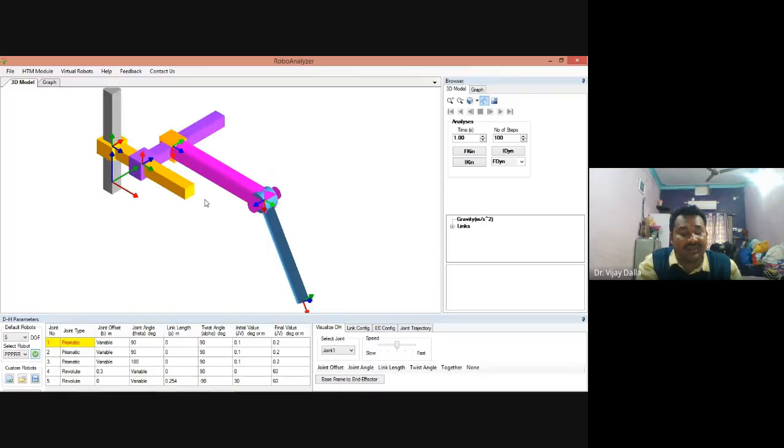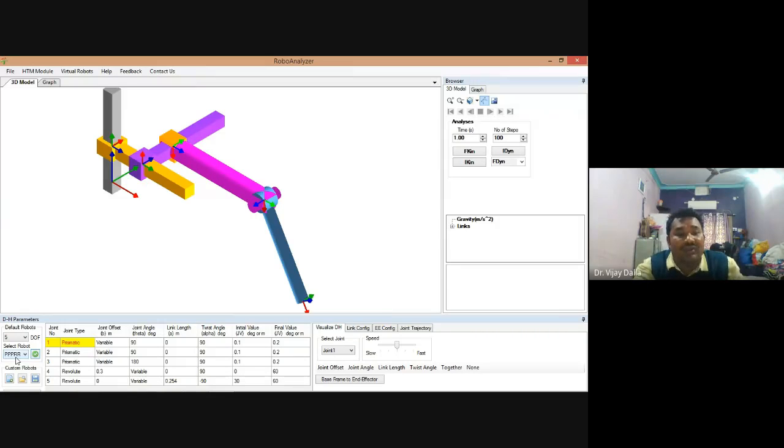You can see how many joints there are, which means how many degrees of freedom: 5. And what about the joint types? P denotes prismatic, R denotes revolute. So in total there are 3 prismatic joints and 2 revolute joints. Okay.